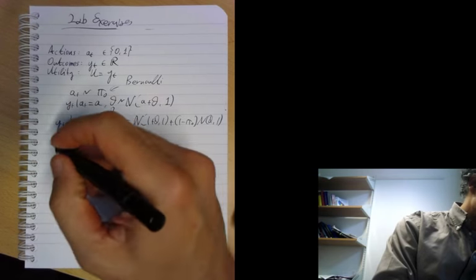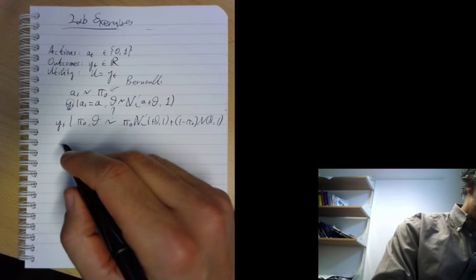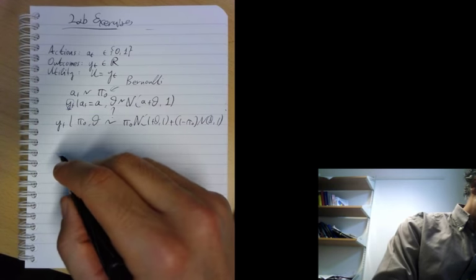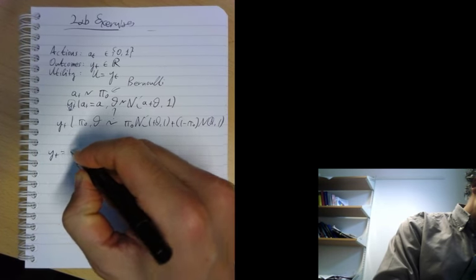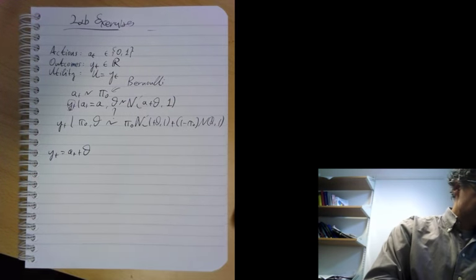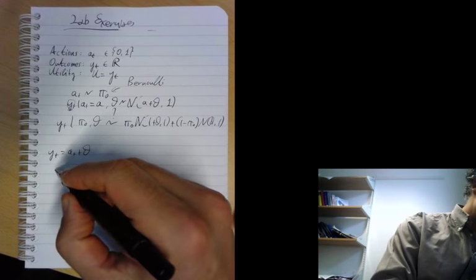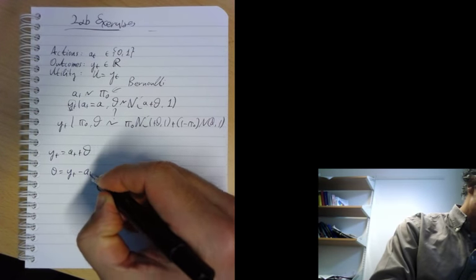So we know that y_t is equal to a_t plus theta. Okay, so it means that theta is always y_t minus a_t.